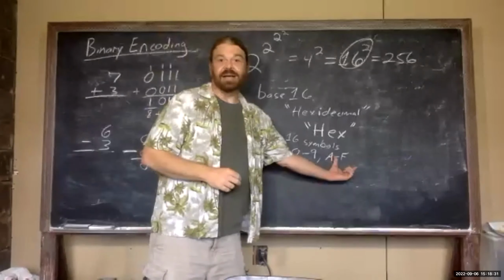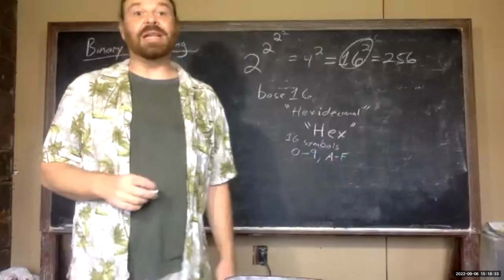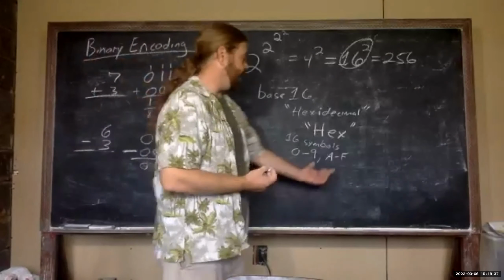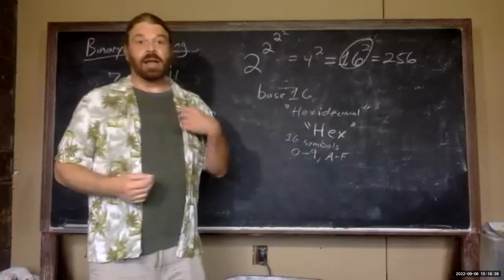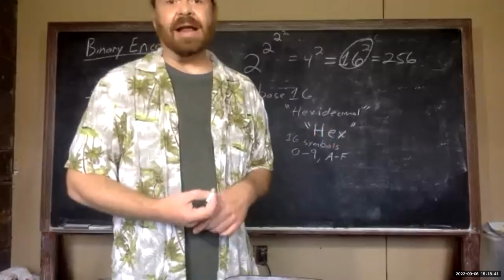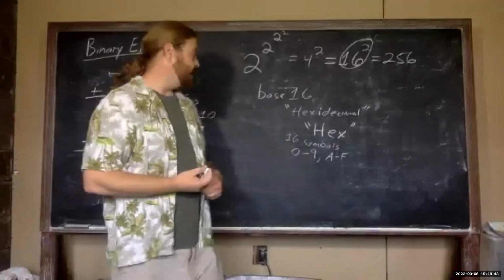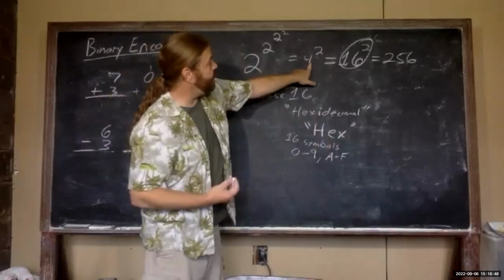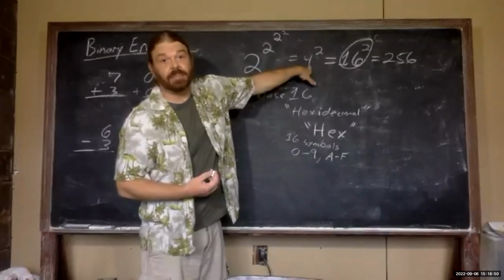But it's not very many, so you'll get used to it very quickly because we actually work in hexadecimal. Anytime we have to actually work in binary, we type it in hexadecimal because that's really typing 4 bits at a time.